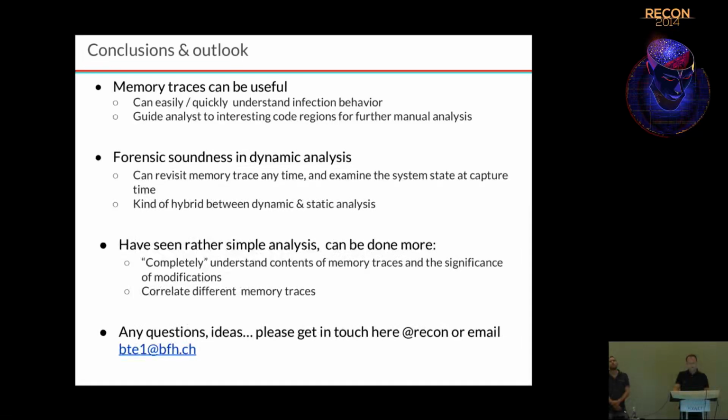And we currently believe if you can develop this understanding, you will be able to spot lots of rootkit and malware techniques. Another interesting line of work would be to correlate different memory traces. Let's say you have a memory trace of sample A and sample B. You try to correlate if there's something similar, to classify them.